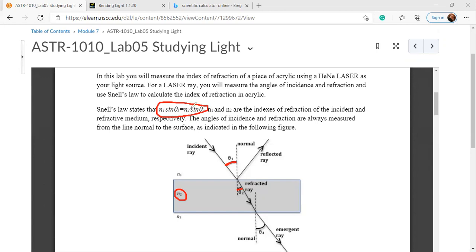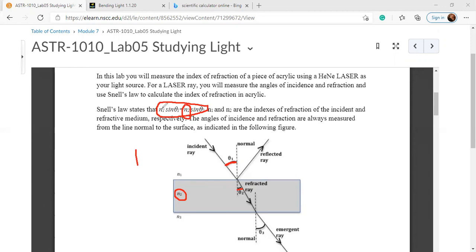Suppose you don't know the refractive index of one of the media, say n2, but you know n1. In general, the refractive index of air is 1. If you don't know n2, the refractive index of the other medium like glass or water, then you can do this experiment.